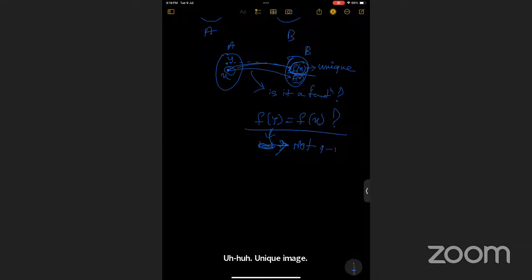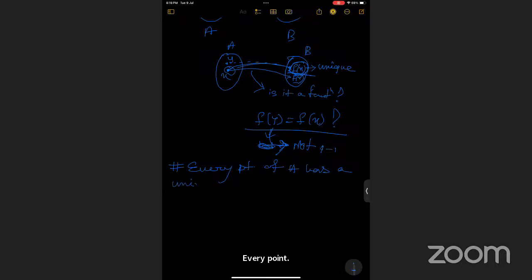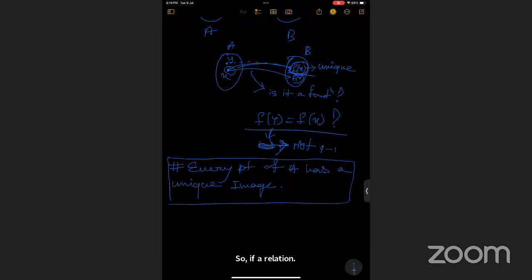So formally we can say every point of A has a unique image. If a relation satisfies this condition, then we call that relation a function, right?